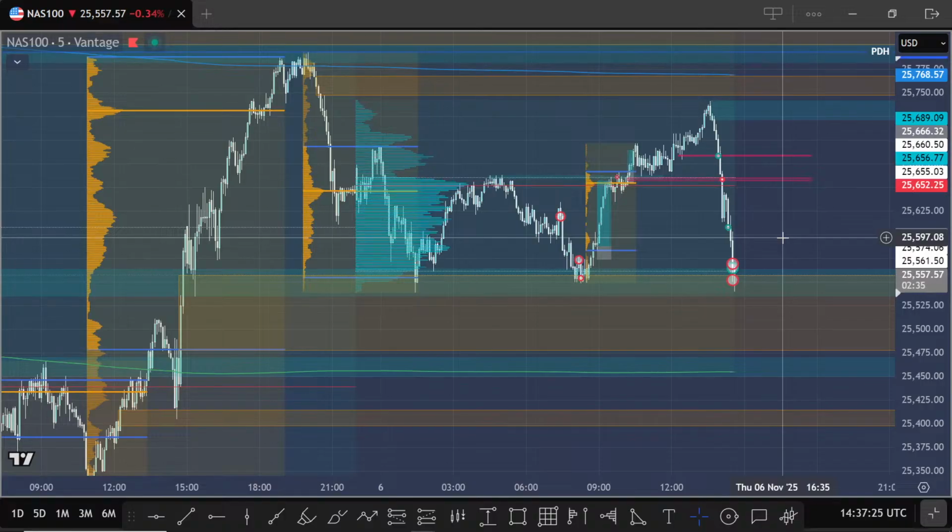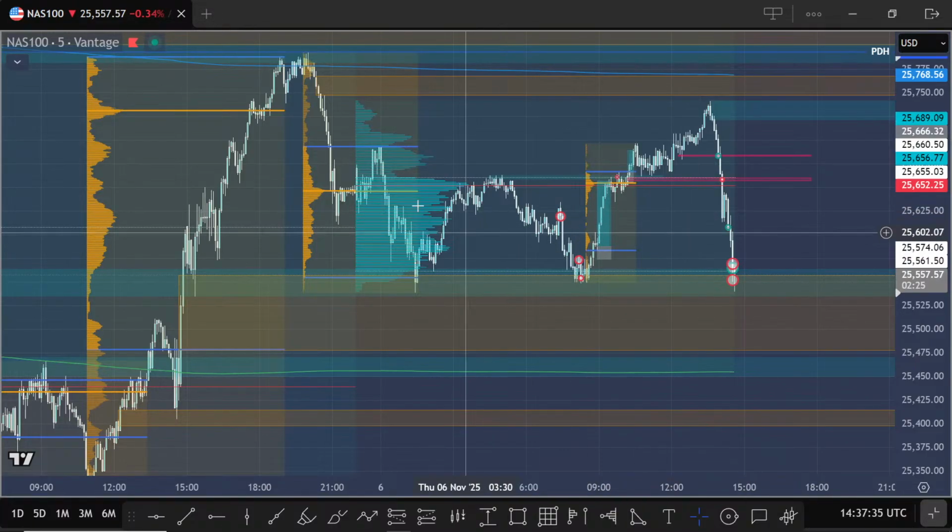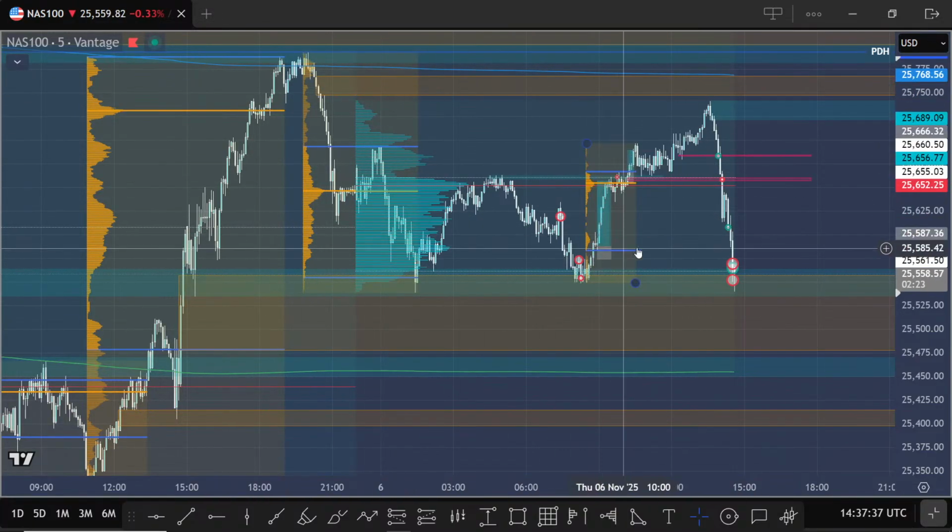So either, to me, if I consider this a range, we're below the value area low. If I take the daily chart, we've broken the value area low.